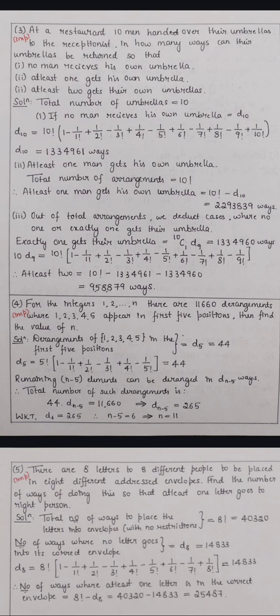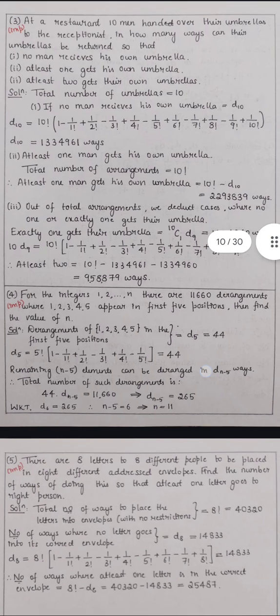What if exactly 2 get their own umbrella? That is 10C2 d8. It happens like that. Then exactly 1 gets his own umbrella, that is 1334960 ways.